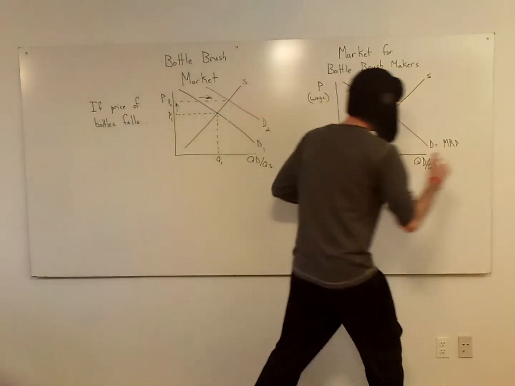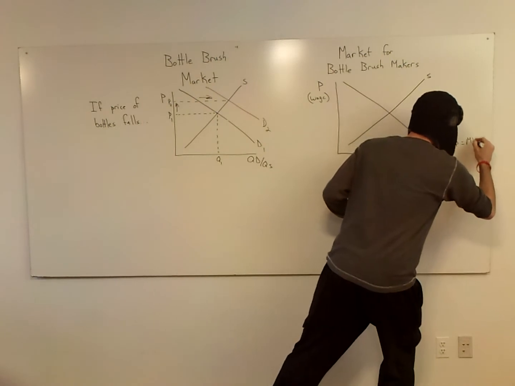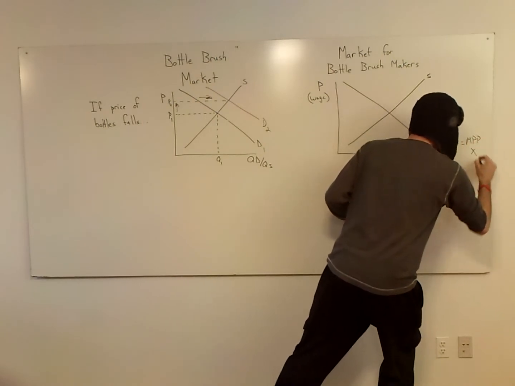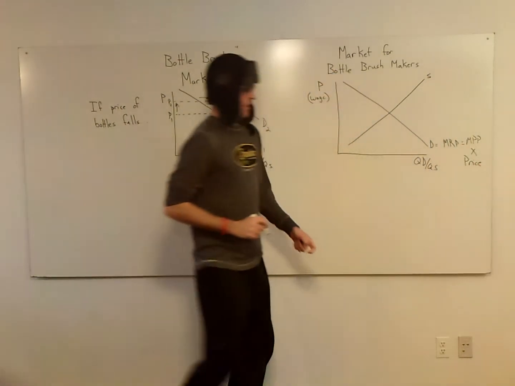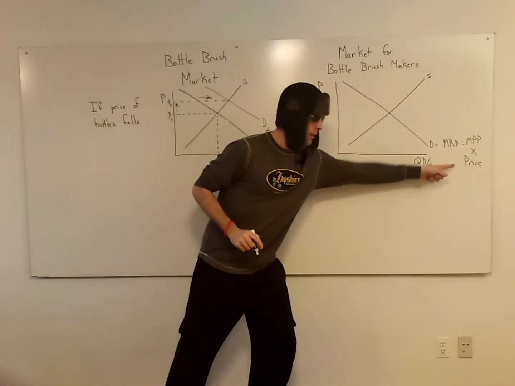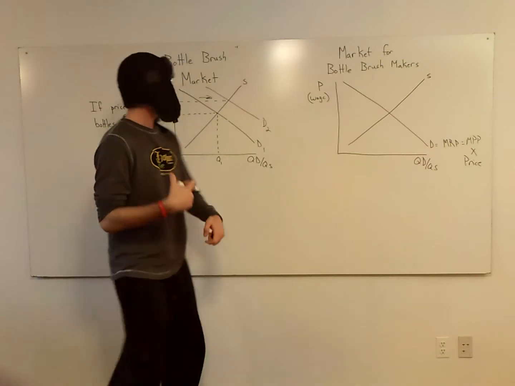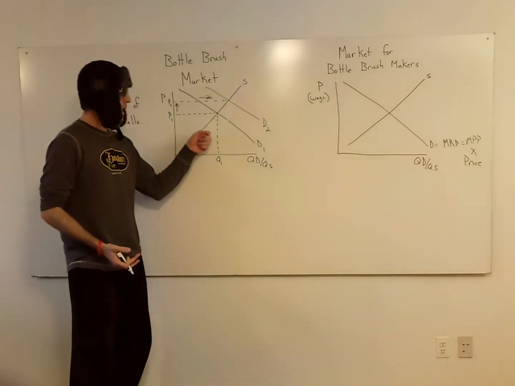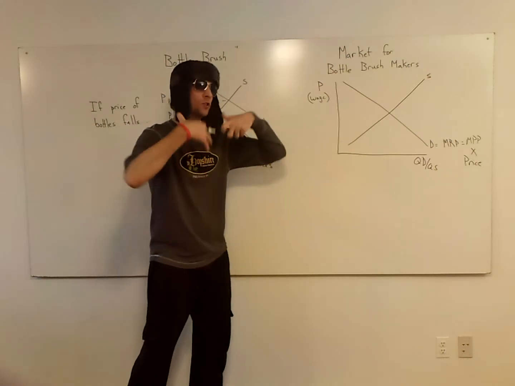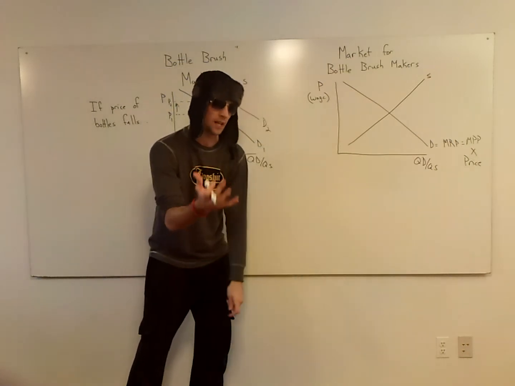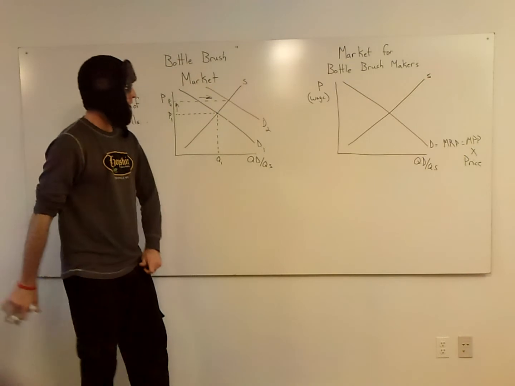You need to figure out your MPP, and you need to multiply it by your price. This price that you are multiplying by is the product itself, which is your bottle brushes here. This is the market for your bottle brush resources. Say that 3 times fast and see if you don't mess it up.